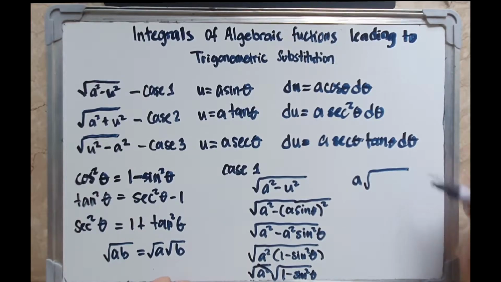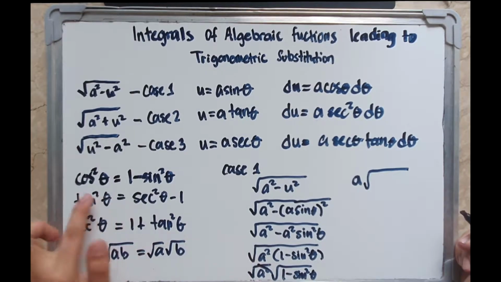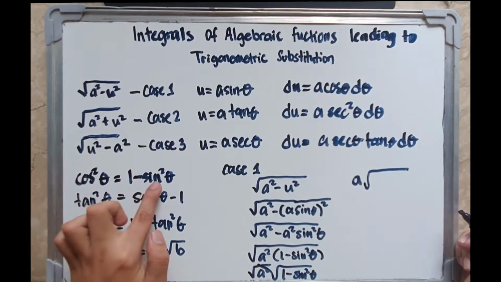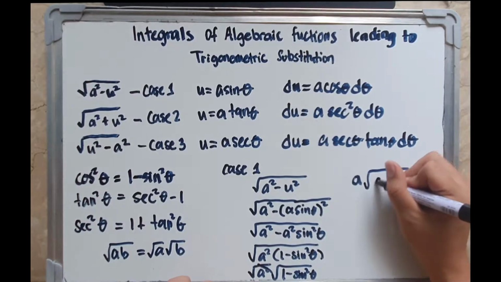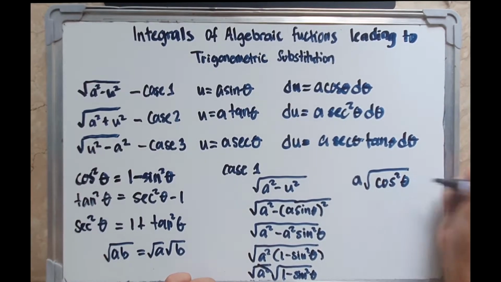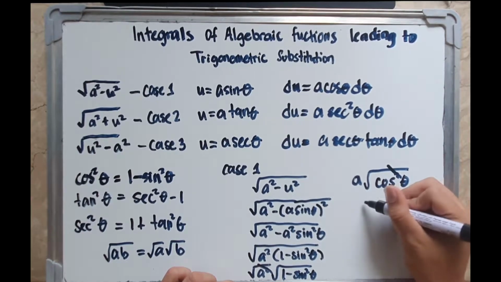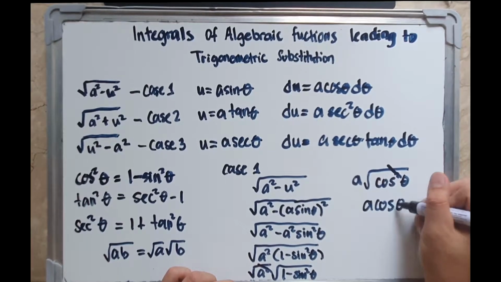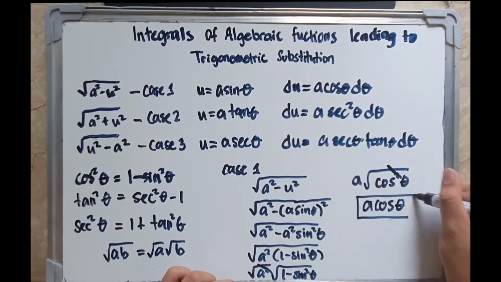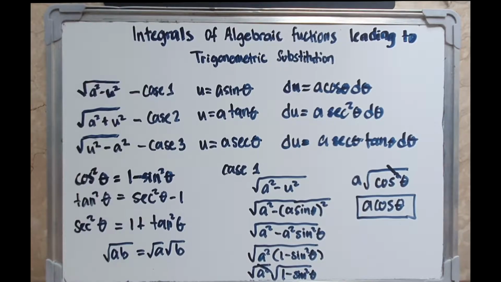The square root of, what is 1 minus sine squared? If we recall the trigonometric formula, 1 minus sine squared is cosine squared. And notice we could cancel again the radical symbol and the square. We now have a cosine theta. Now notice we have eliminated the radical symbol.